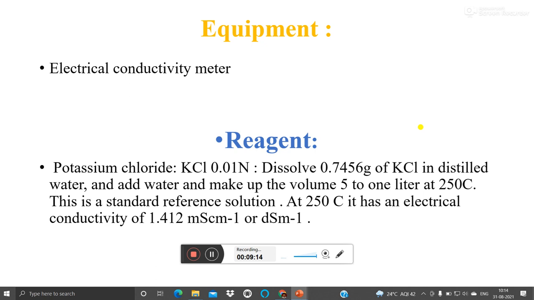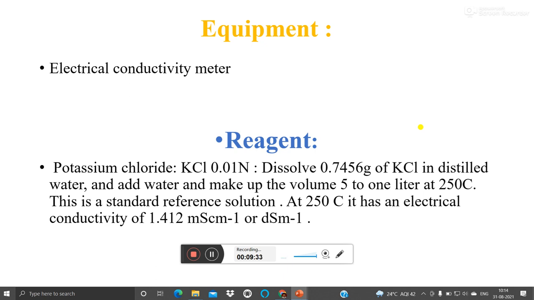The equipment we are using is the electrical conductivity meter. The reagent is 0.01 normal potassium chloride. Dissolve 0.7456 gram of KCl in distilled water and make up the volume to 1 liter at 25 degrees Celsius. This is the standard reference solution.